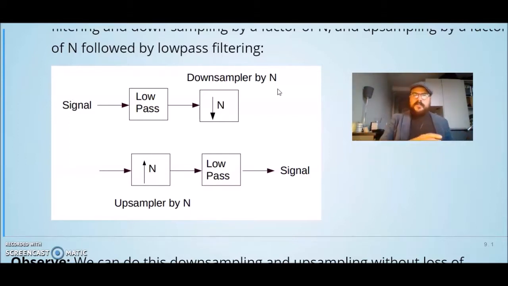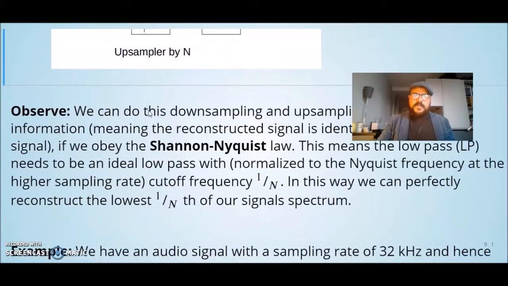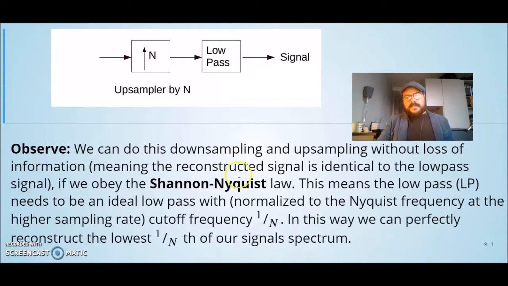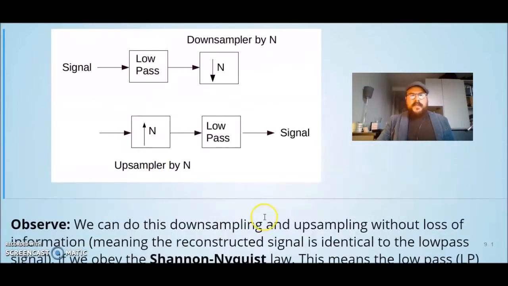So we need to remove all frequencies above the Nyquist frequency, in this case 8 kilohertz, from our original signal before downsampling. So we pass our signal through a low-pass filter with a cutoff frequency of 8 kilohertz. As we showed here, the cutoff frequency normalized to the Nyquist frequency at the higher sampling rate must be 1 over n.